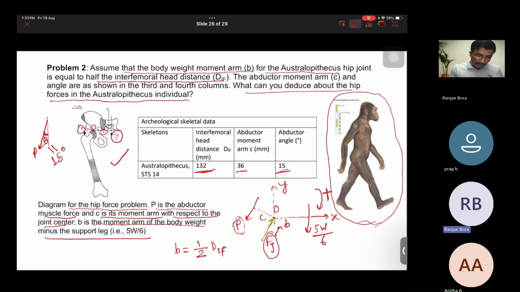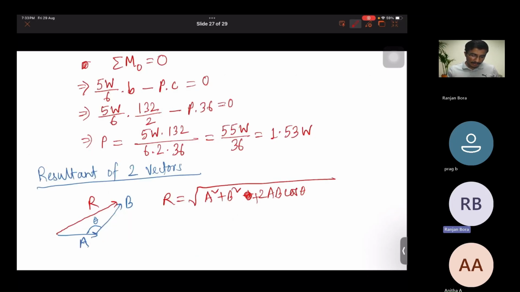The abductor angle is given as 15, and the joint reaction force will act along this direction, Fj. Will it act along the same direction in which P is acting? We don't know. So we can assume some angle here.